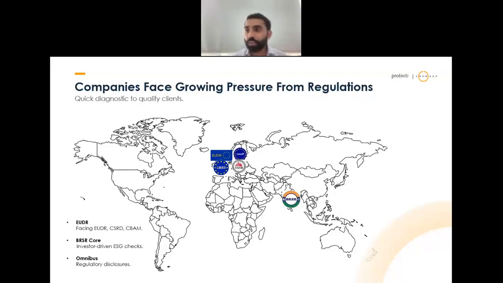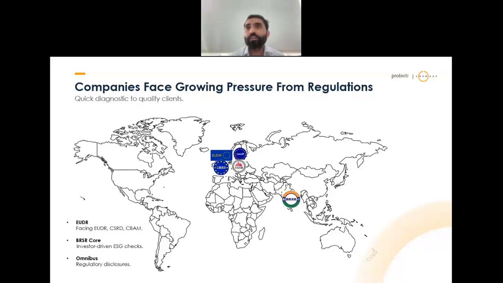Some of them: CDP is global, CSRD is EU specific, and then there's CBAM and EUDR, which are commodity-specific regulations. What happens here is that ESG teams spend a lot of time using the same underlying data sets to prepare reports in multiple formats. This causes inconsistencies, errors, and a lot of manual effort.